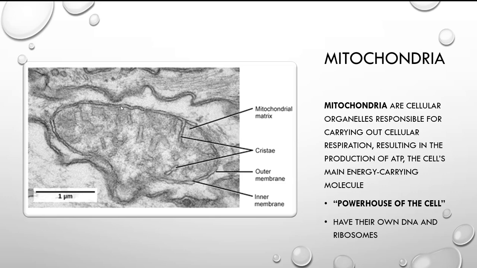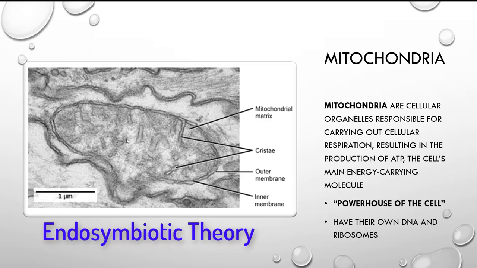So it actually has all the components of a cell. It has a plasma membrane, it has cytoplasm, it has its own little circular piece of DNA, which is similar to bacterial DNA. It divides on its own, and it has ribosomes. If you read in the textbook, this supports what's called the endosymbiotic theory, where we think this was an ancient prokaryote at one time.